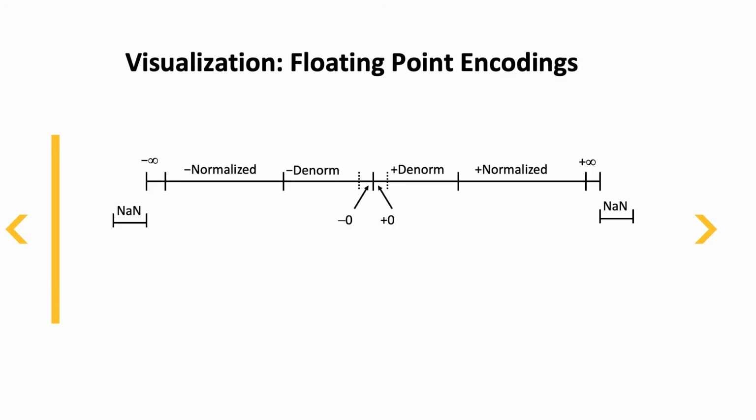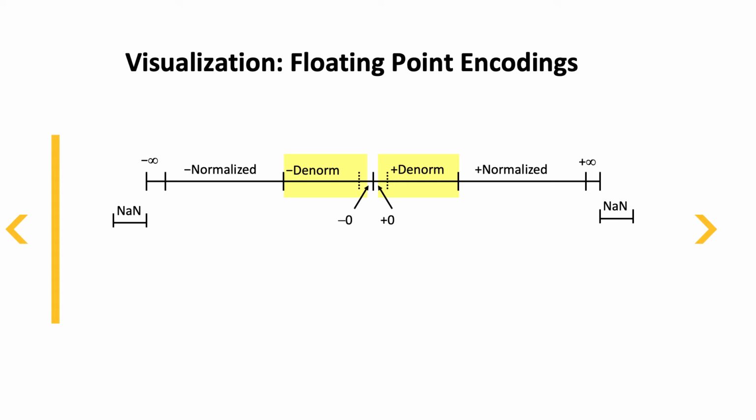So let's take a look at these on a number line to get an idea of where these ranges lie. We have our zeros. Remember, again, we have a -0 and a positive 0, and we have to keep track of which we're talking about. And then as we get away from the origin, we have our denormalized values, because those are going to be less than 1. Our significand has an implied leading 0.